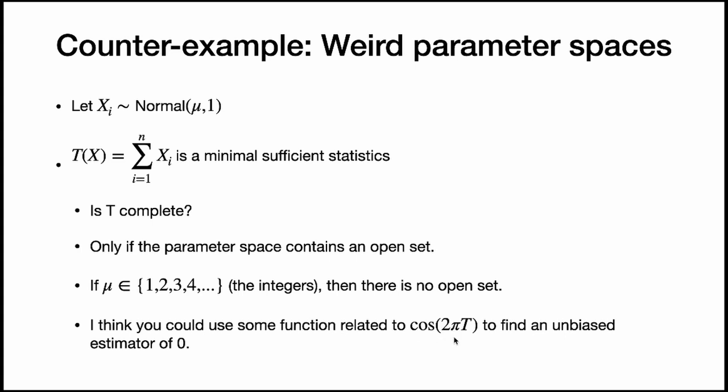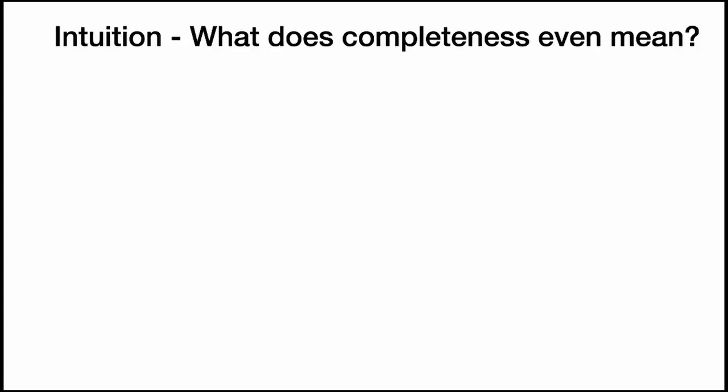So obviously cosine is not always equal to 0, but because at the integer values here, this would take value 1, I think we could find a function of this that would be 0 everywhere. So that might not be obvious at all, but this doesn't contain an open set, so this would not be complete.